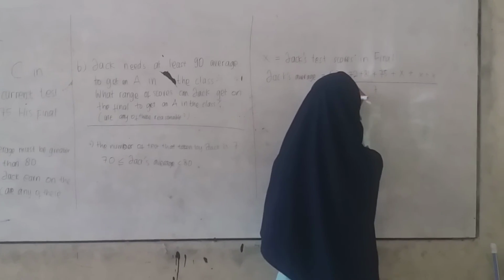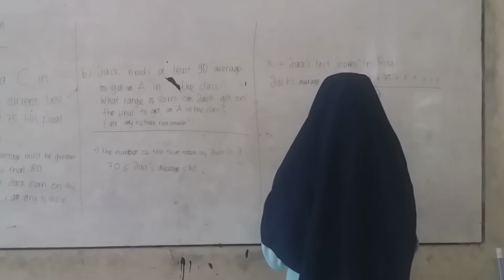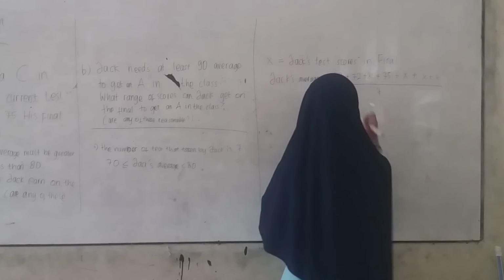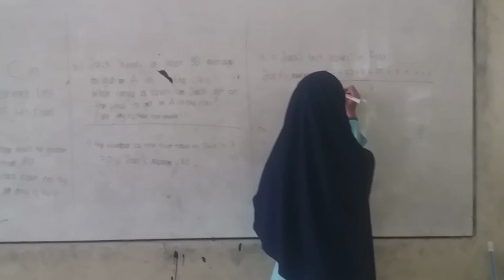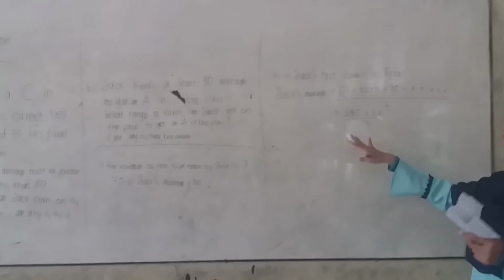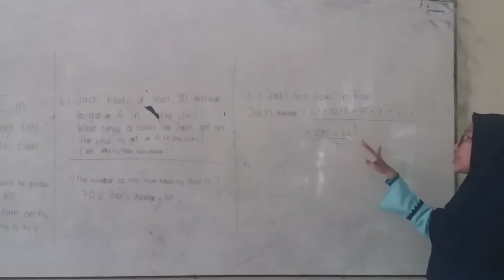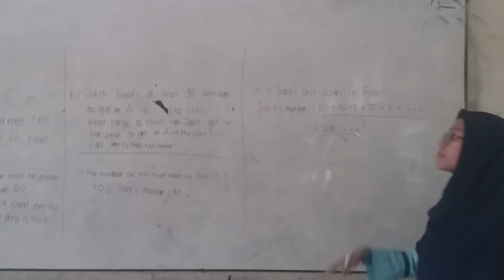So we get, now, Jack's average is equal to (295 + 3x) divided by 7.